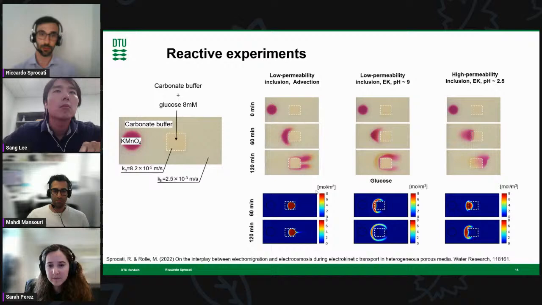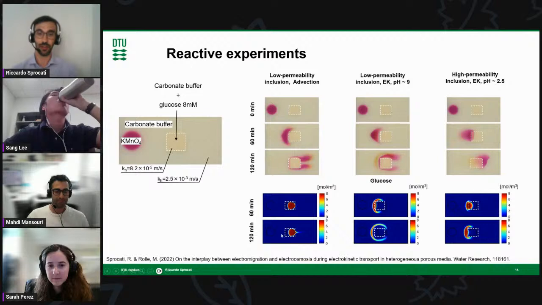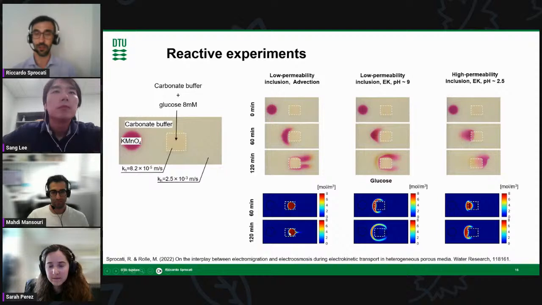And since we cannot visualize glucose from the images, we used a process-based model to visualize if the plume of glucose has moved. And as expected, it didn't move that much because the hydraulic velocity inside the low permeability inclusion is very small. But in the case of electrokinetics, even with a high pH, as with the Lua-Red, we didn't see the permanganate entering the low permeability inclusion.